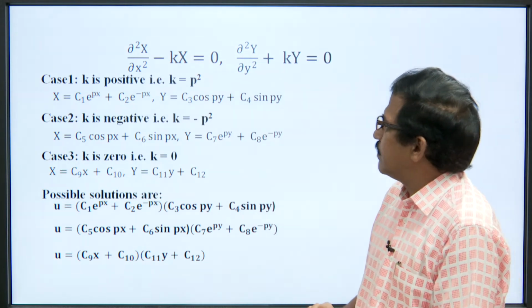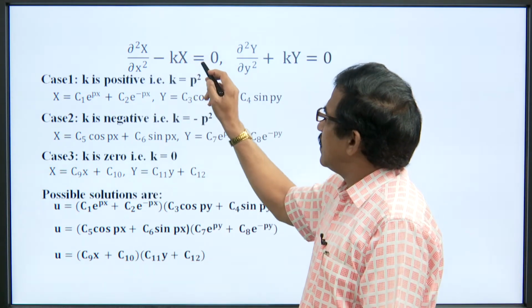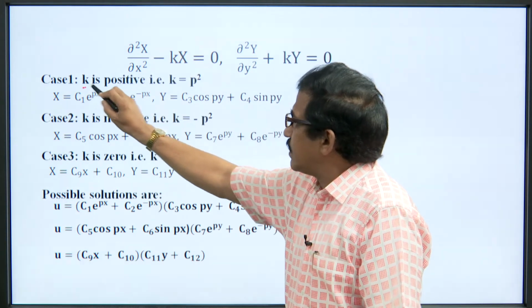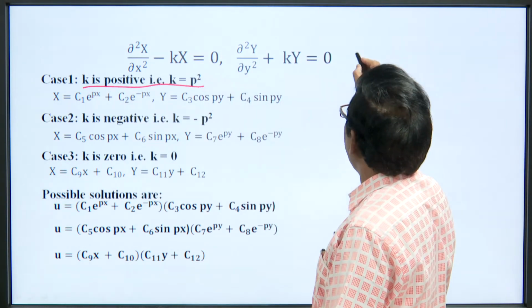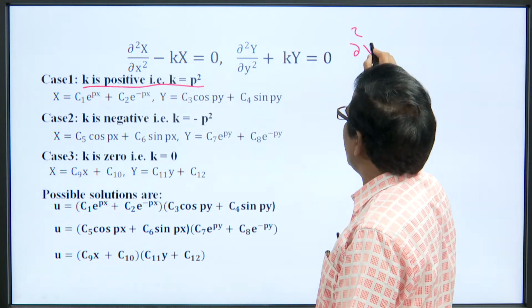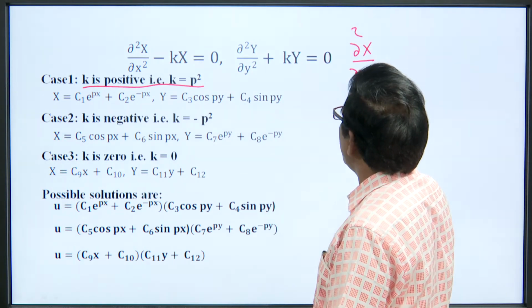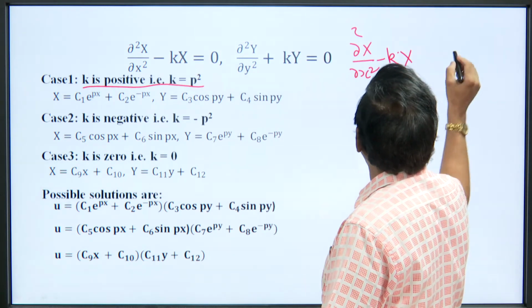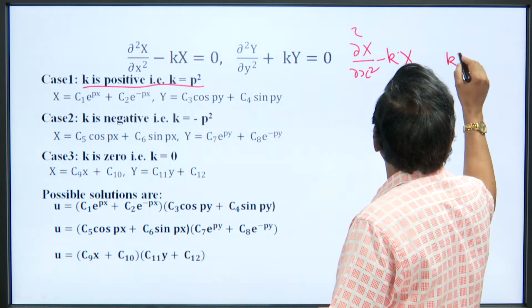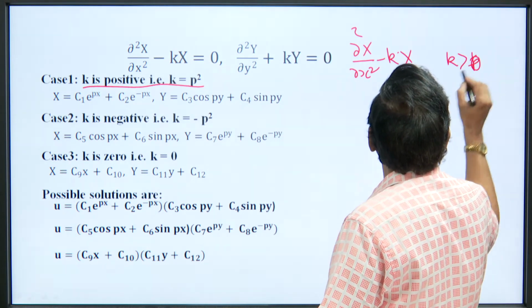First case, when this value is greater than 0, or positive. Let us consider del 2 X upon del x 2 minus kX, where k is greater than 0.